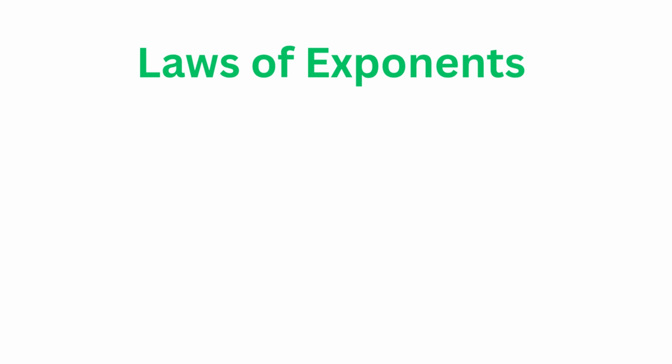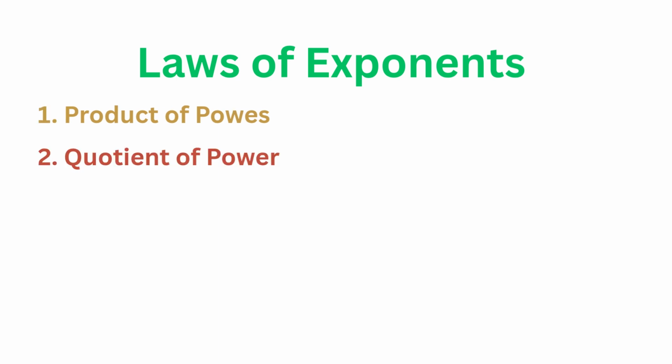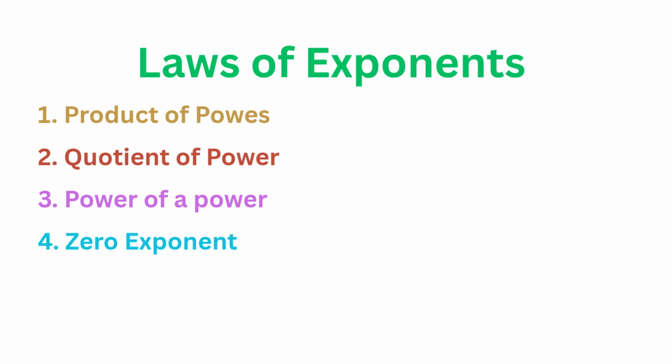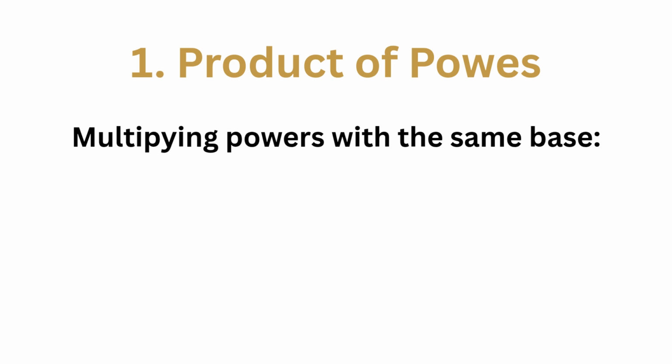We have 5 laws of exponents, namely product of powers, quotient of powers, power of a power, zero exponent, and negative exponent. Let us look into product of powers. Here we need to see what happens to the exponents when we are multiplying the same base.